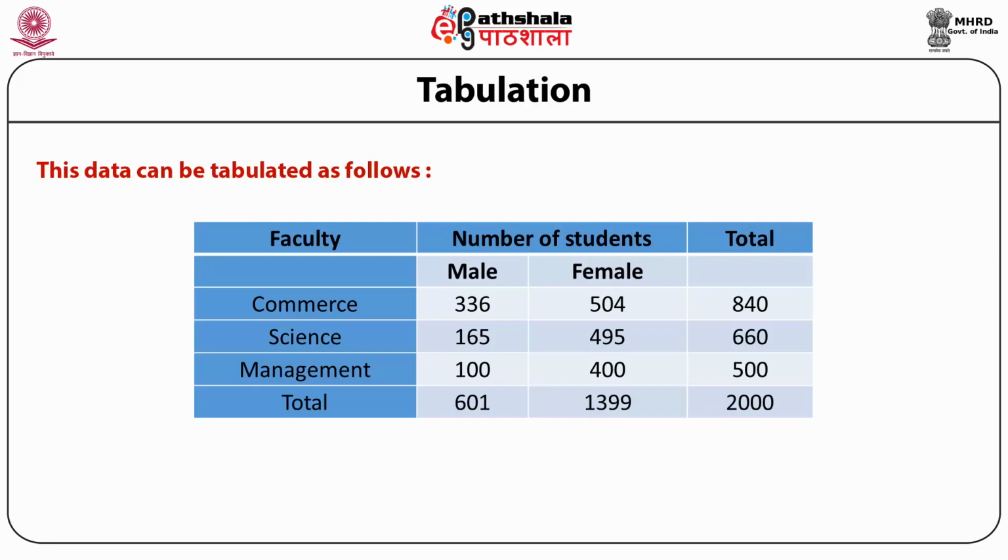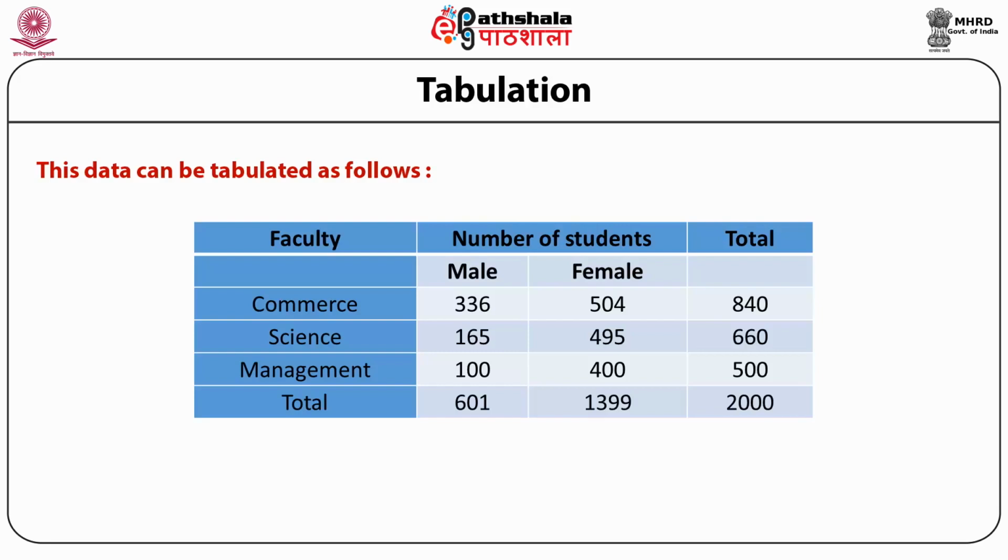In commerce, there are male students 336, female students 504, so total 840. Science, 165 male students and 495 female students, total number of 660. And in management, 100 male students and 400 female students, and total number is 500.